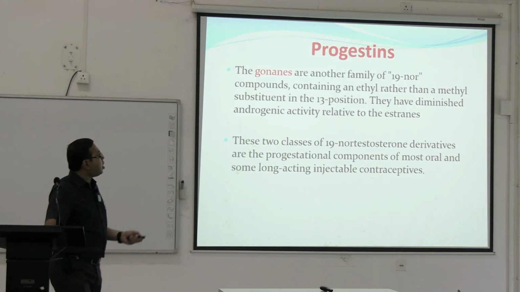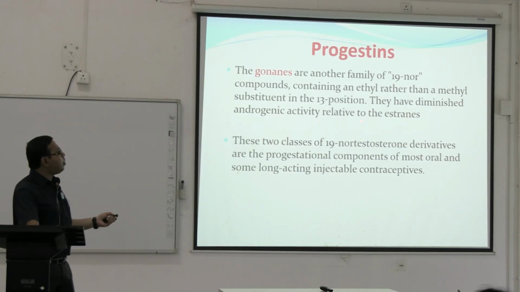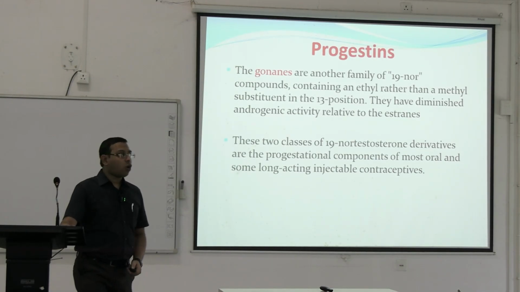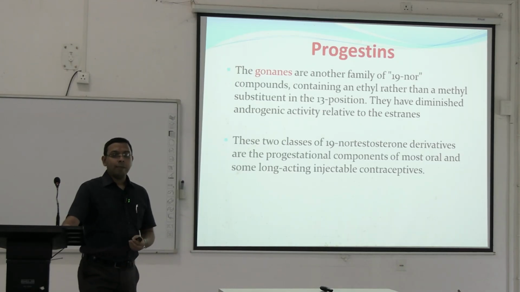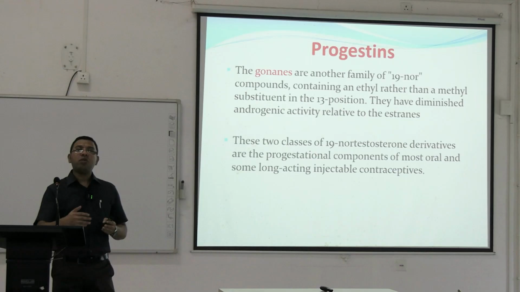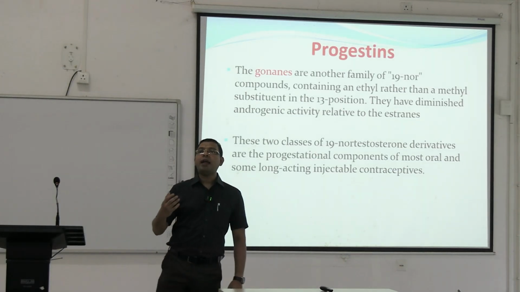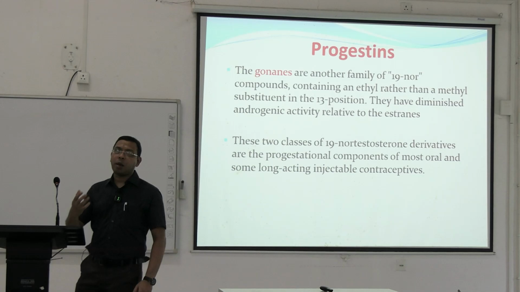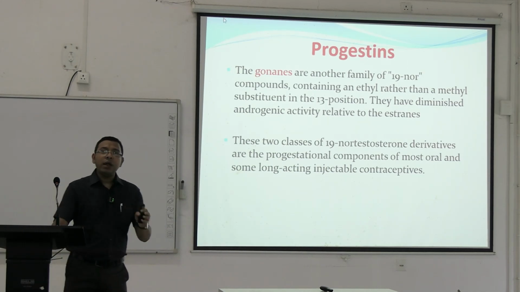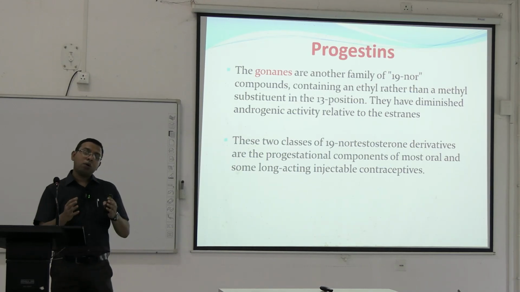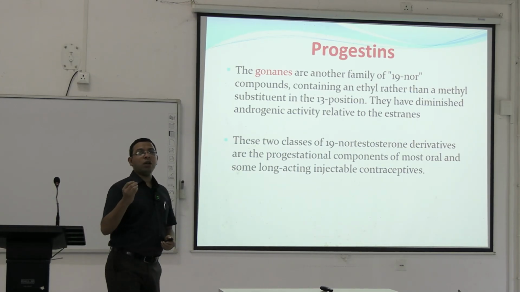At the 13th position, they have diminished androgenic activity related to the estranes. So what happens? All these progestational compounds have some amount of androgenic activity also. Some have more androgenic activity, some have less, some have more anti-ovulatory activity, some have less. So accordingly, the progestational compounds are usually chosen according to the indication for which we are using them.